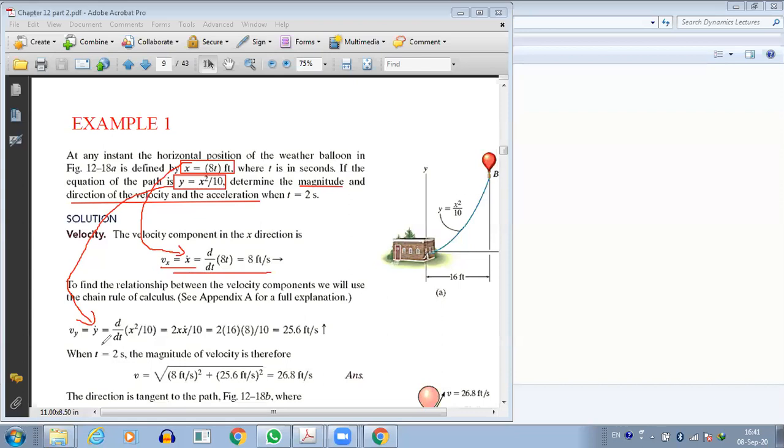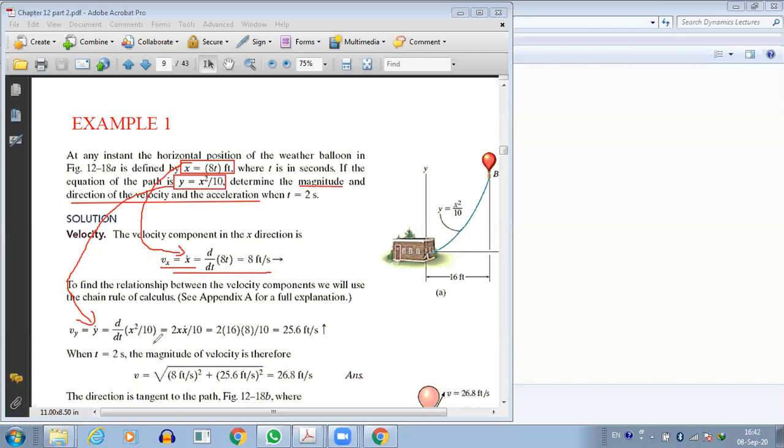I will not mind. Anyways, now y is not given as a function of time, so the book has used a different approach, and it says let's differentiate with respect to time. How do you differentiate something which is not given as a function of time? Look here, d by dt of x squared by 10.